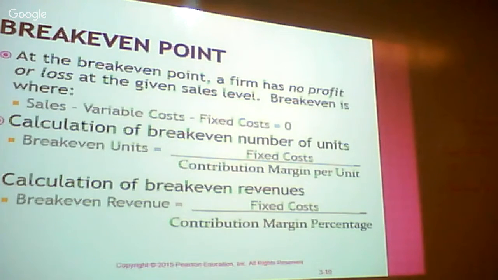So you can do it a lot of different ways. If I know the sales price per unit, and I know the break-even in units, I can take the units times the sales price, and that will give me my break-even in revenues. Okay? So there are so many different ways to figure this out.